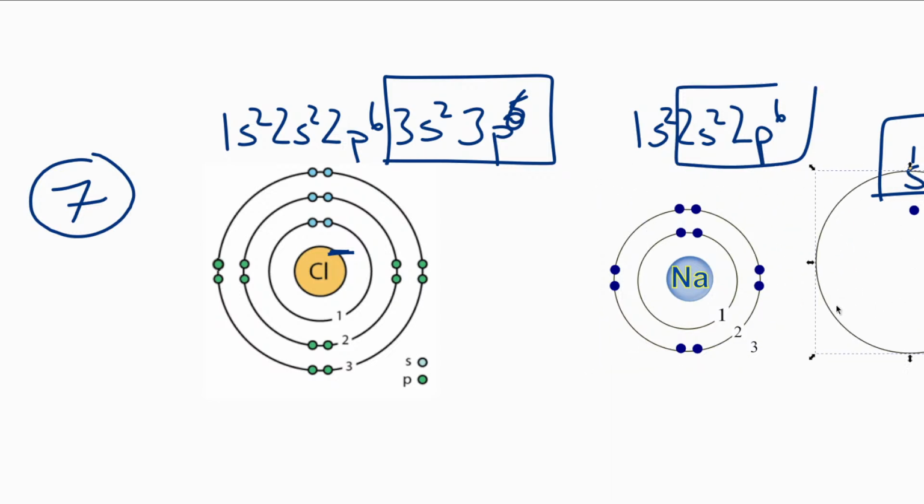We get rid of this because it lost it. There are those 8 valence electrons. Very, very stable. So that's a real important concept. And because it lost an electron, now it's Na+. So we can use these to figure ions out as well.